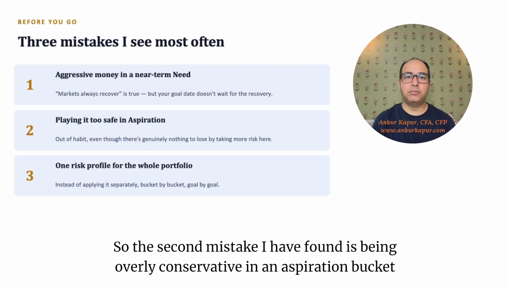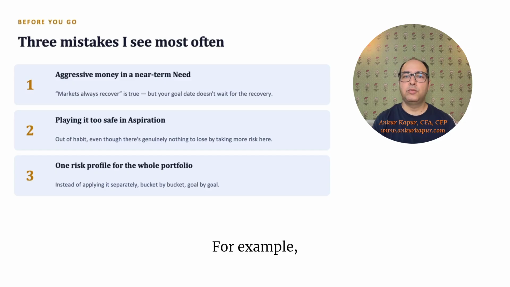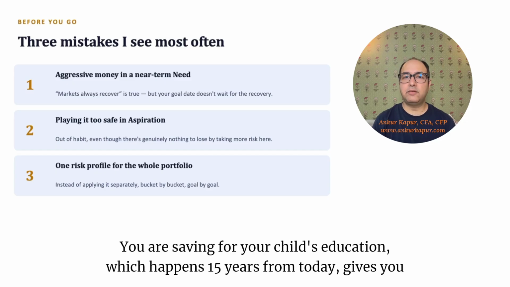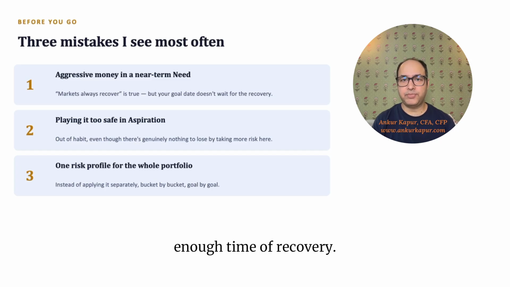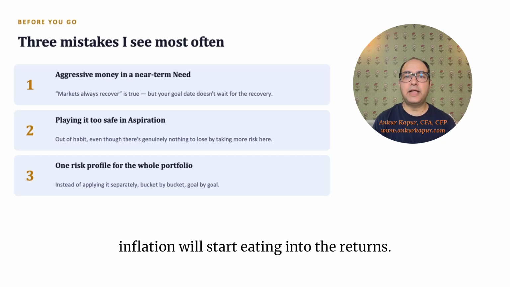The second mistake I have found is being overly conservative in an aspiration bucket just out of habit, even though there's genuinely nothing to lose by taking on more risk there. For example, you're saving for your child's education, which happens 15 years from today, which gives you enough time for recovery. You need not be playing very, very conservatively there, because otherwise inflation will start eating into the returns.